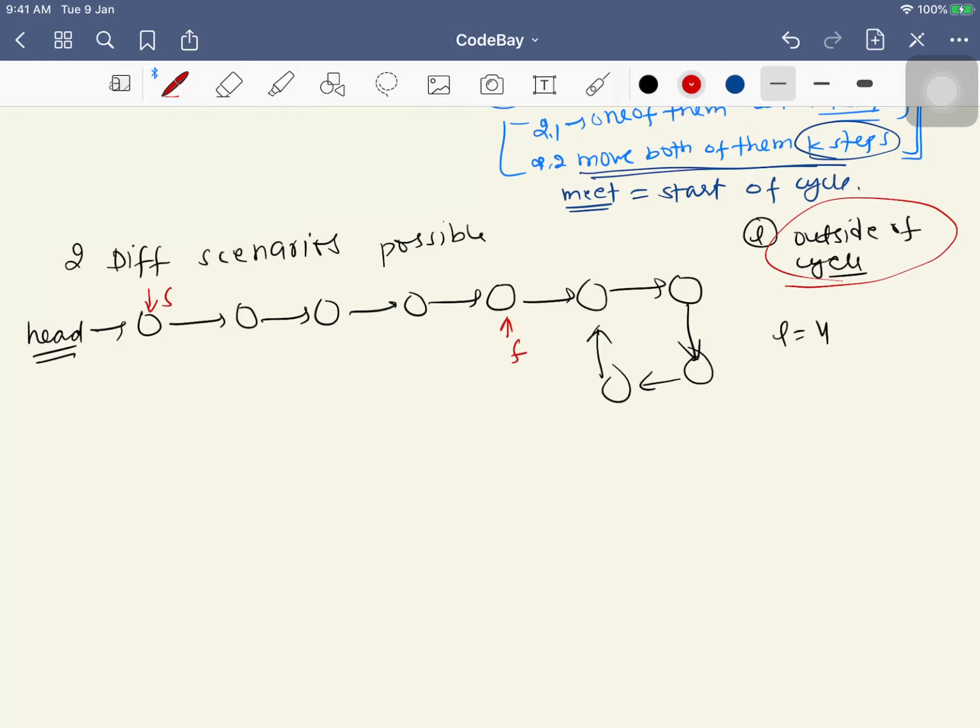How would it be able to detect in this particular case? Even this will work, right?